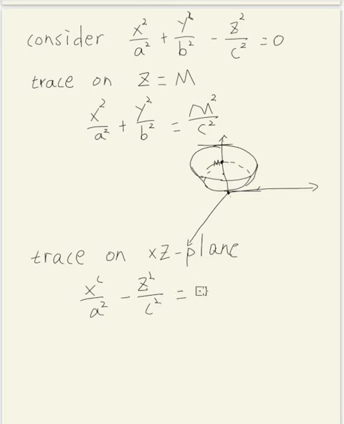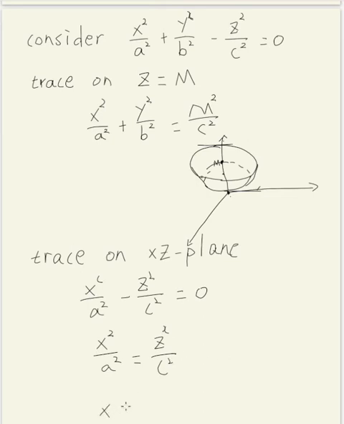Okay, and we have x squared divided by a squared equals z squared divided by c squared. Multiply a squared on both sides and then take the square root.